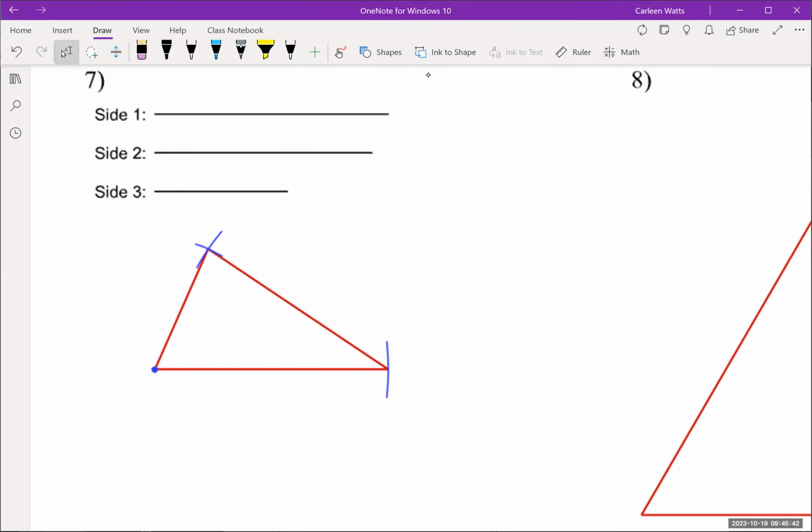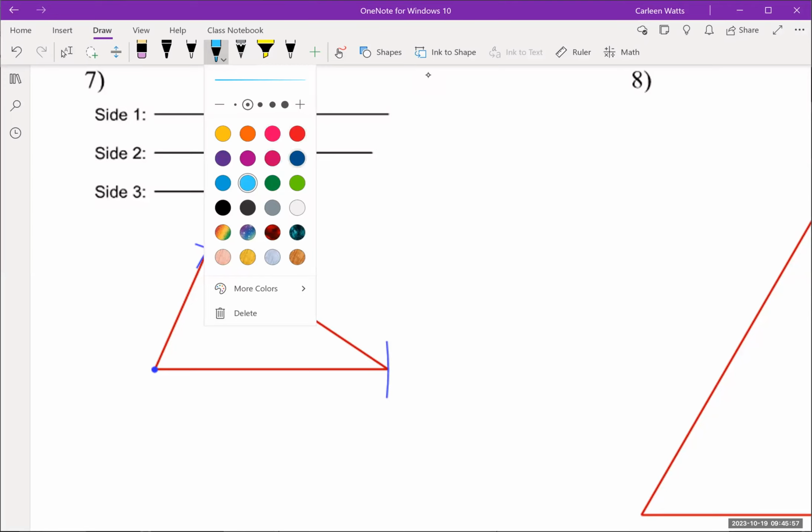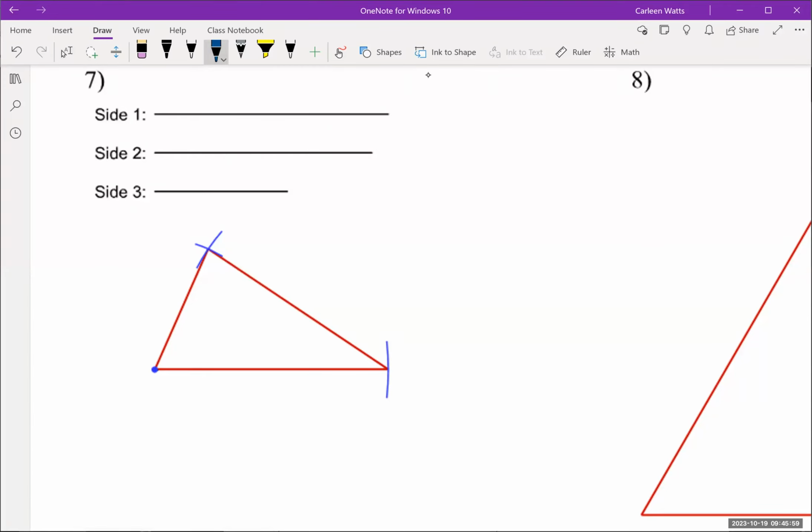Number 7. The only thing that existed were side 1, side 2, side 3. Now, at one point with my ruler, there's a blue line under here. And then the red went on top, right? The red went at the end. So I took my compass, I measured side 1, and I put it right here.